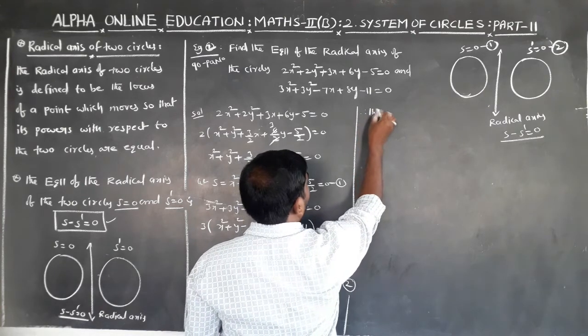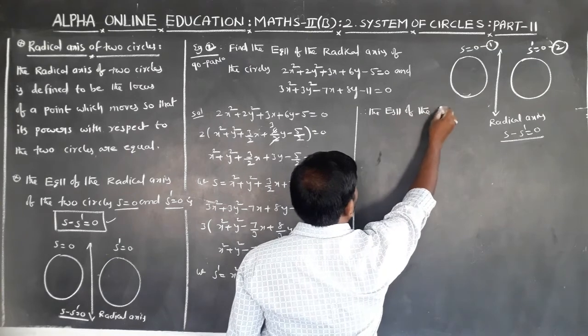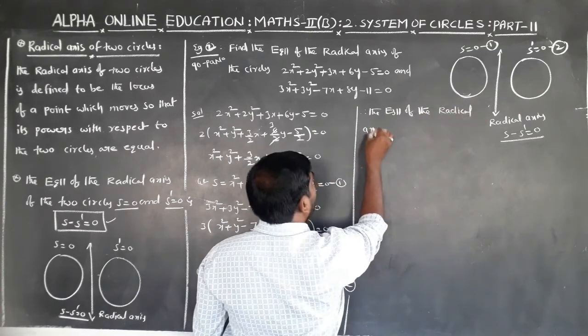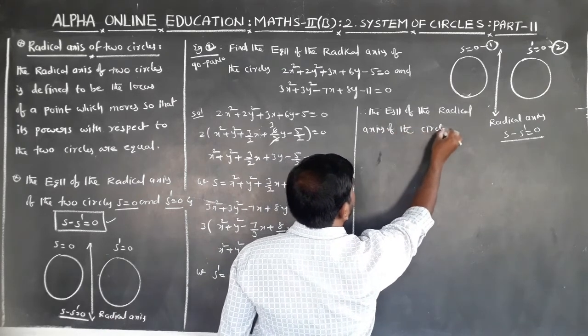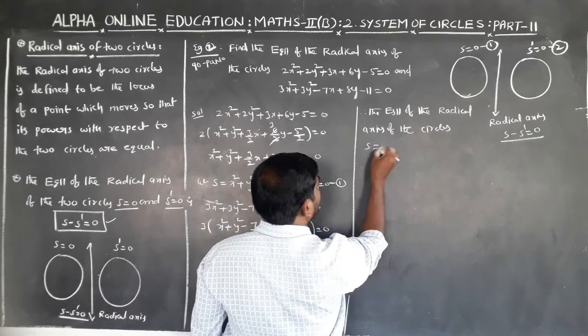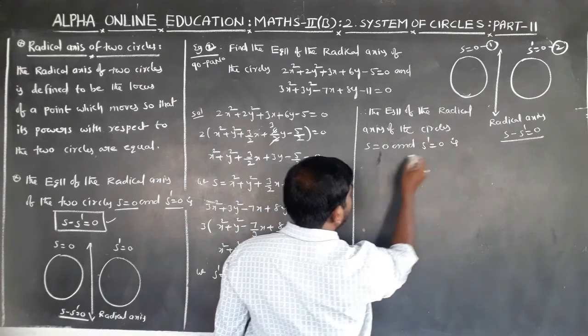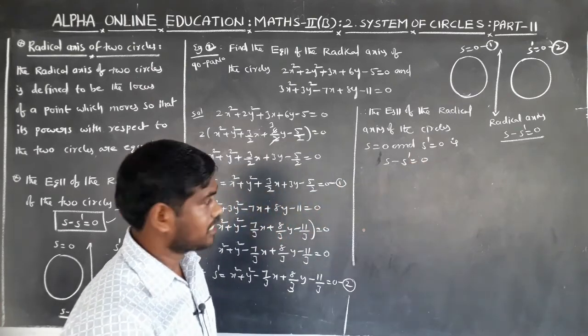Therefore, the equation of the radical axis of the circles S is equal to 0 and S dash is equal to 0 is S minus S dash is equal to 0.